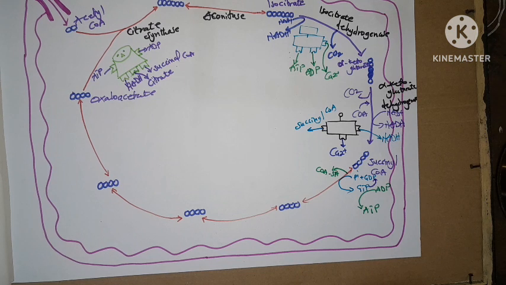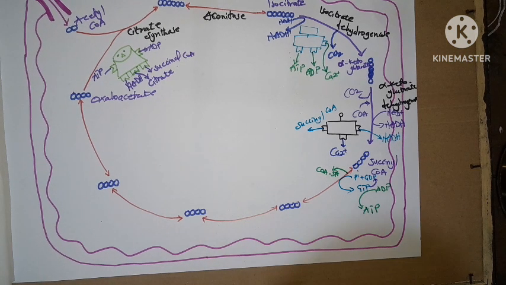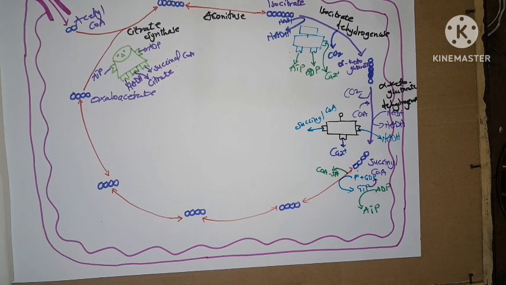And then an enzyme known as succinyl-CoA synthetase will convert succinyl-CoA to a molecule known as succinate. That molecule is also a 4-carbon molecule.